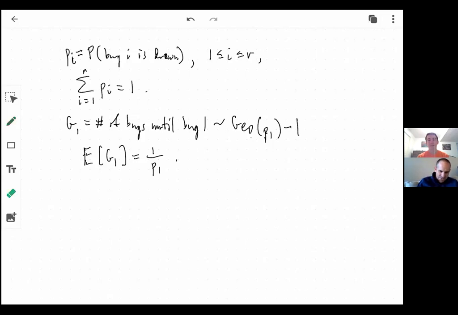So this is going to be 1 over P1 minus 1. Yeah. And I think this was pushing us in the right general direction for the second part.